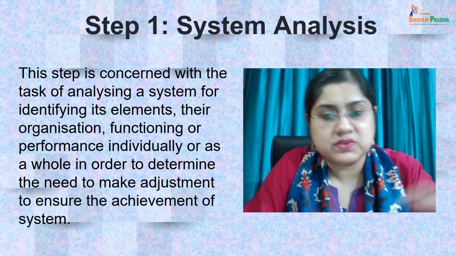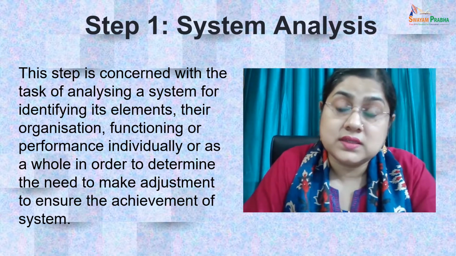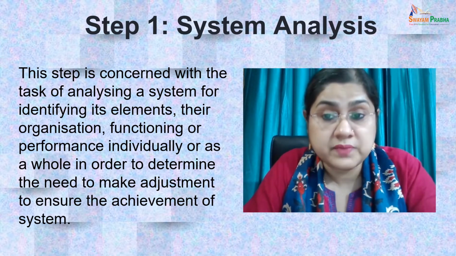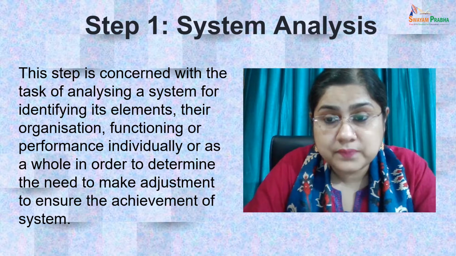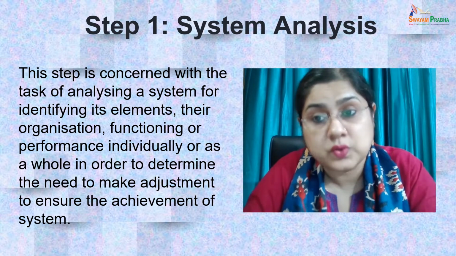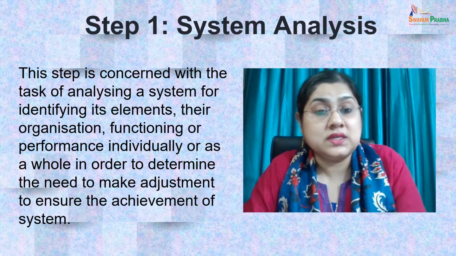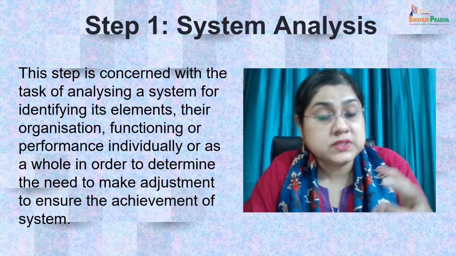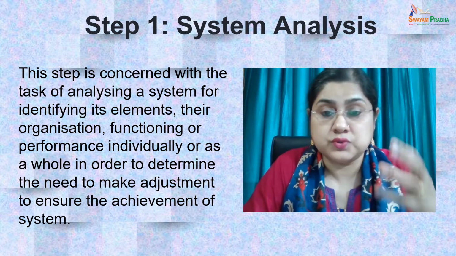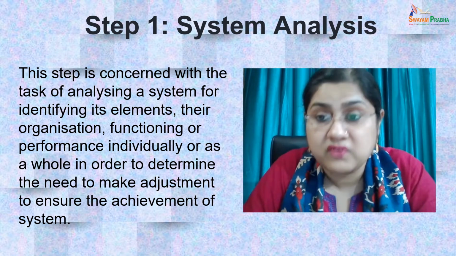The next thing which we will analyze after the organization is how they function, or their performance, individually for all the parts and also as a whole, in order to determine the need to make adjustments to ensure the achievement of the system.